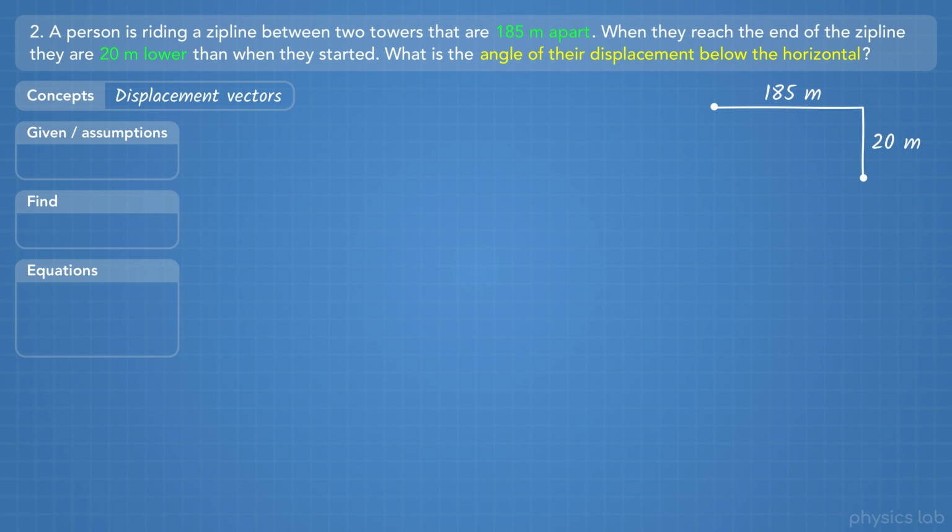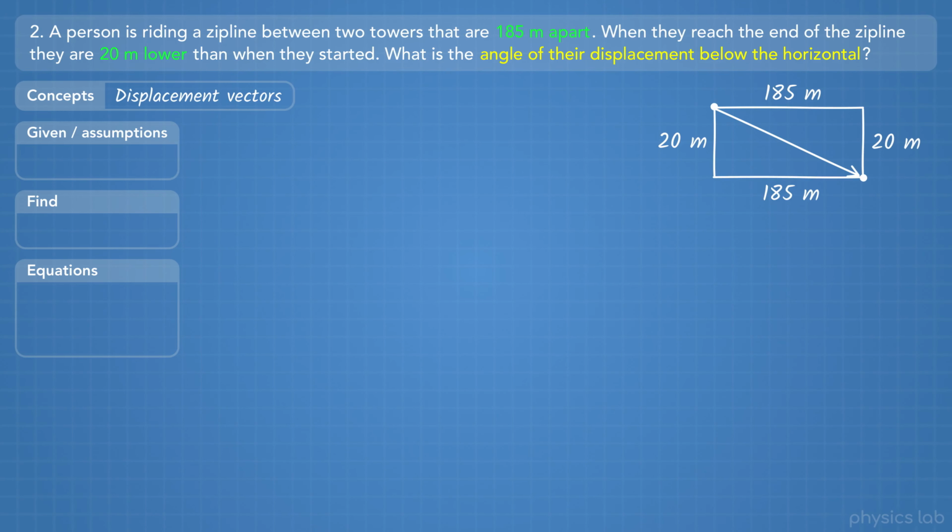Here's a second dot for the end point of the zip line. Now let's draw a displacement vector from the start point to the end point. We could have also labeled the distances like this. Since this question is talking about a physical scenario and it didn't mention anything about x and y axes, we're only dealing with positive, horizontal, and vertical distances.